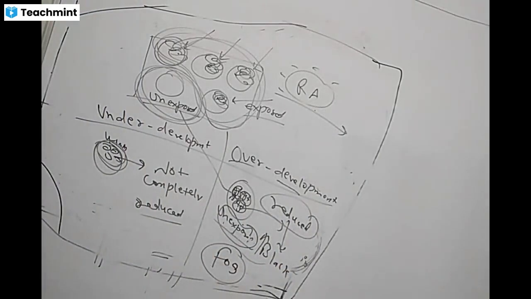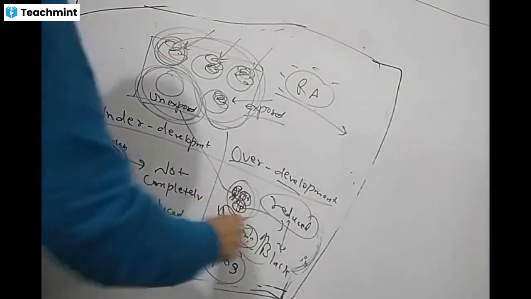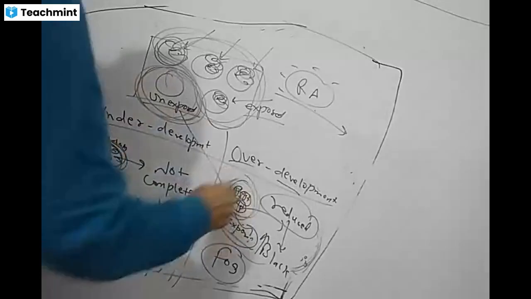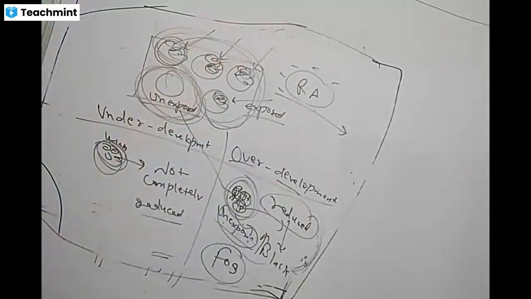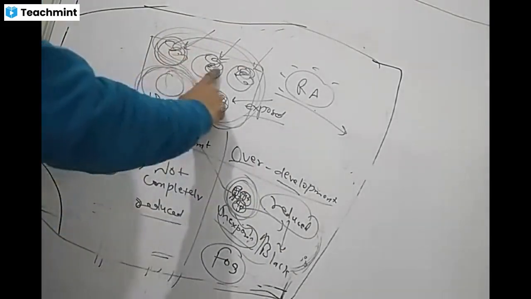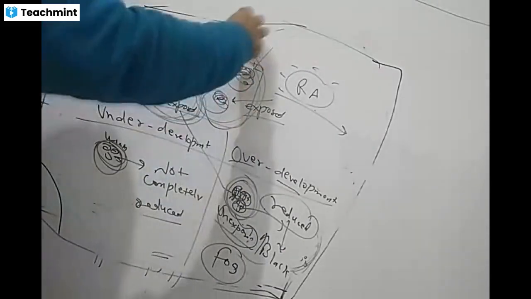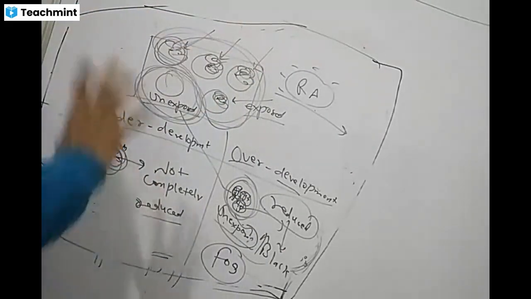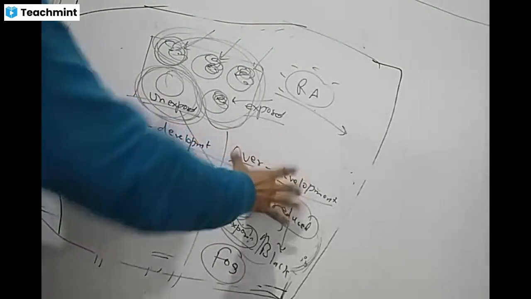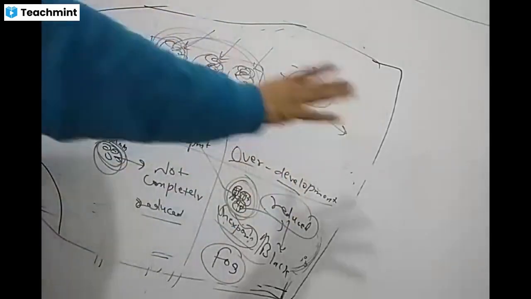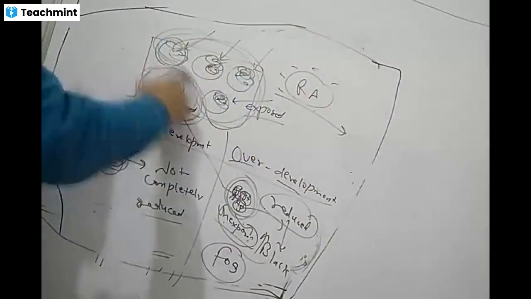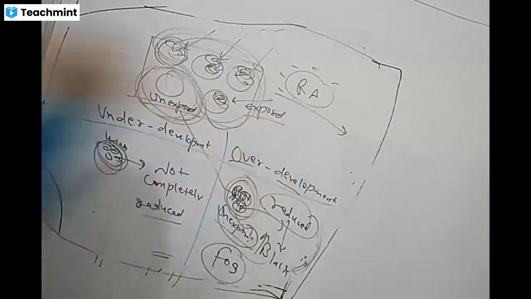So overdevelopment will lead to the reduction of these unexposed crystals also. So these are the two terms: underdevelopment means these exposed crystals are not completely reduced, and overdevelopment means these four are totally reduced, along with that this unexposed one is also partially reduced.